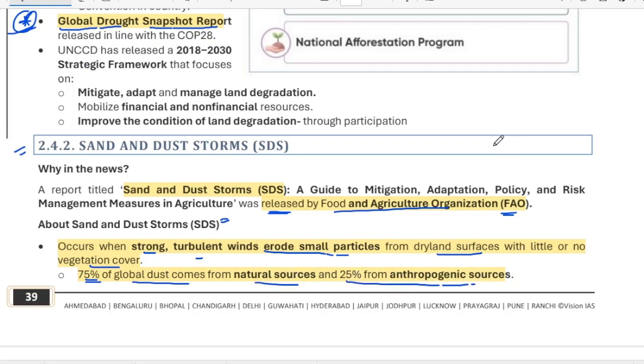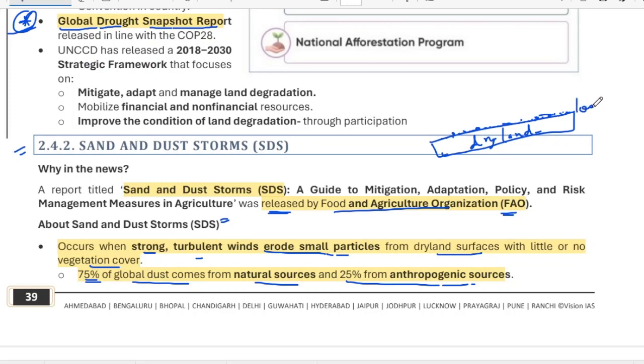What this article is talking about, see, this is the example, this is the dry land. If this land is dry, then the soil particles above this land are also dry. And when the particles are dry, they are in a loose state.